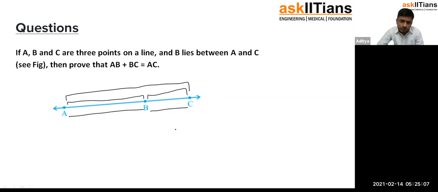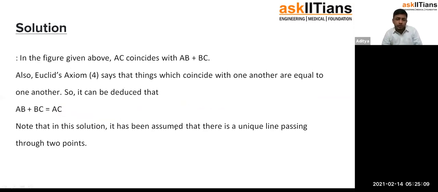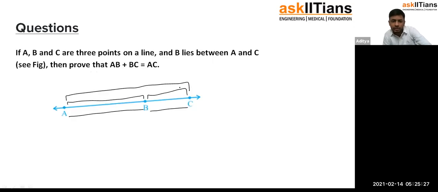So which postulate, or which axiom, can we use? We can use axiom 4. Look, what does axiom 4 state? It states that things which coincide with one another are equal to one another. Here we can easily see that AC actually coincides with AB plus BC. Why is that? Because this is length AB.